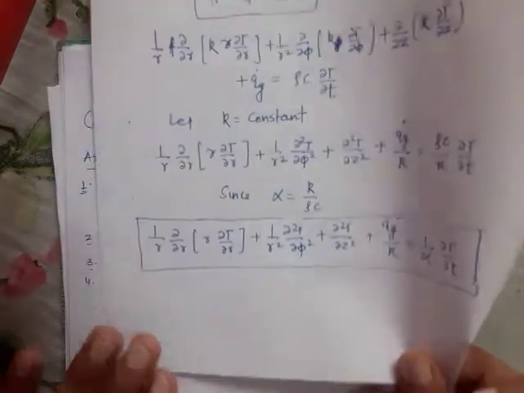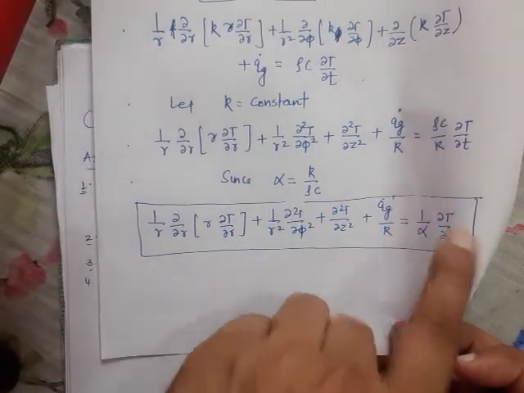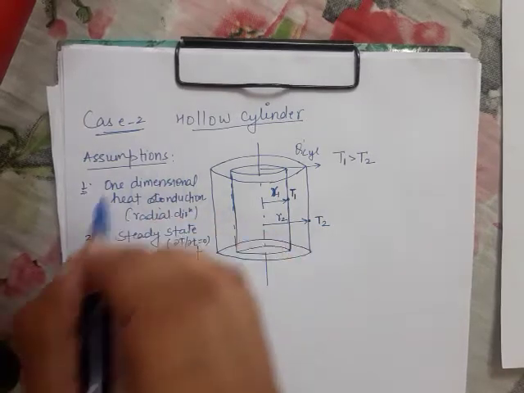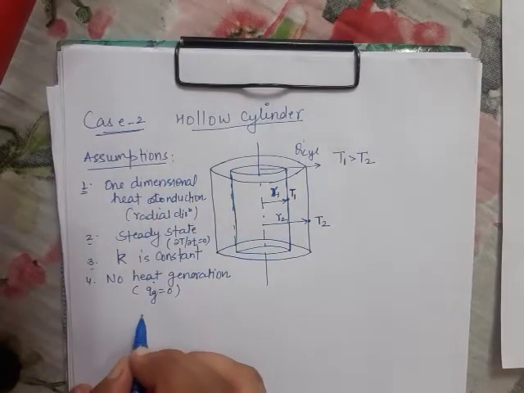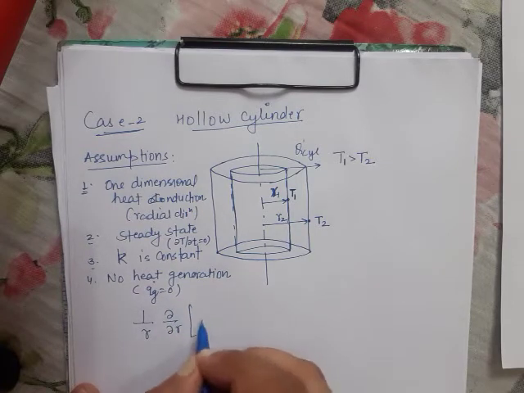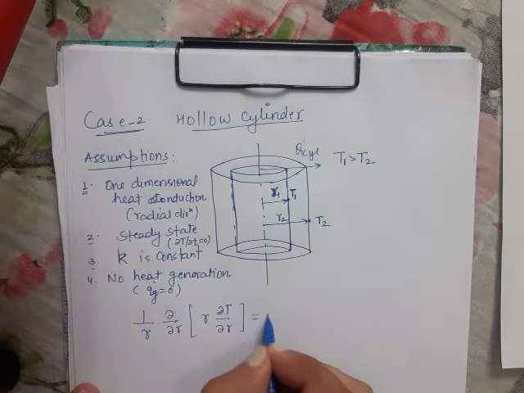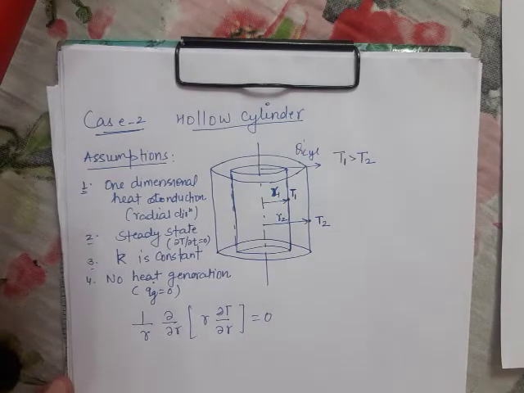We are left with only the term 1 by r del by del r of r del T upon del r equals 0. So under these four assumptions, the generalized heat conduction equation in cylindrical coordinates is reduced to only one term.